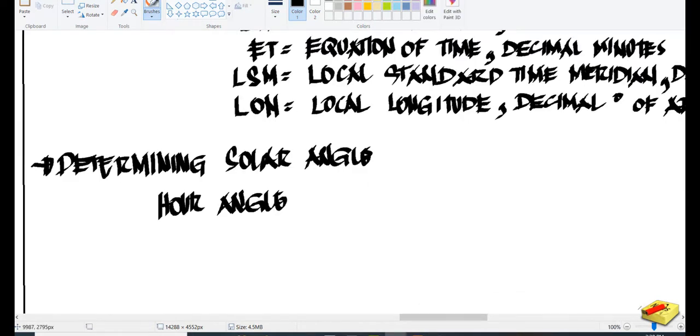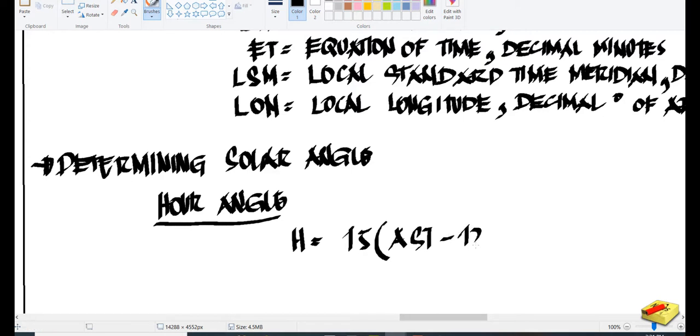We have the hour angle. The hour angle is expressed as 15 multiplied by the apparent solar time, AST, minus 12.